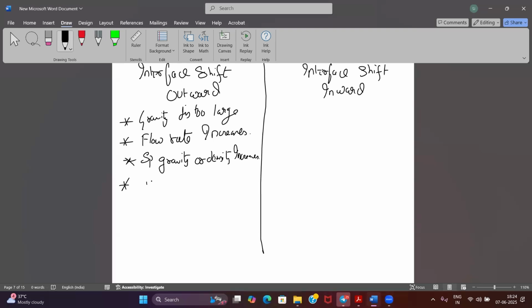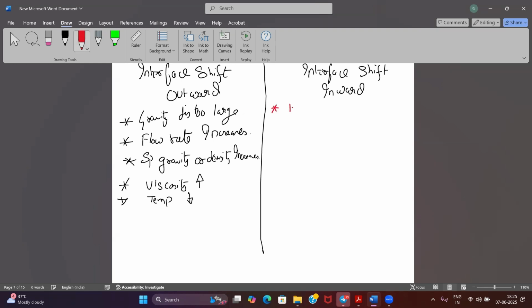Next is viscosity increases. If viscosity increases, again separation will not be very proper, and the interface is going to shift outward. Next is temperature. If viscosity is higher, that means temperature is low. Okay, and whatever the opposite of it, you can write it over here.